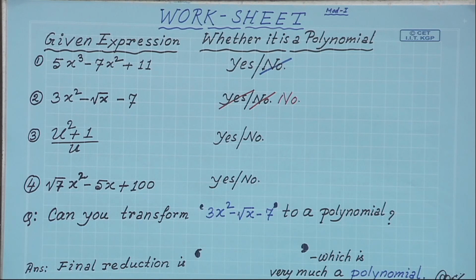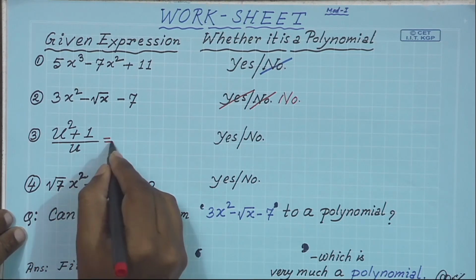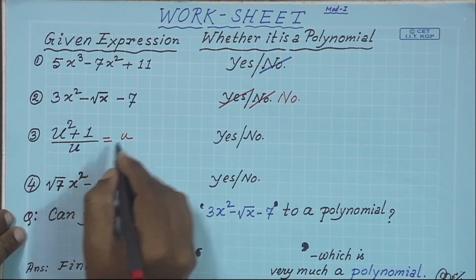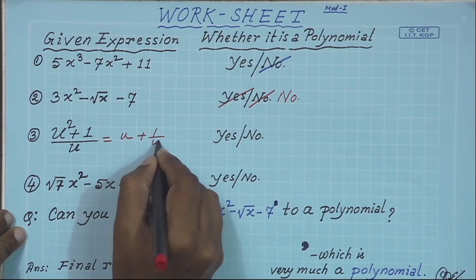Next, for the third one, no, it is not a polynomial. Why? Sir, because if we simplify it, then it becomes u plus 1 by u. U square by u will give u and 1 by u will be 1 by u.